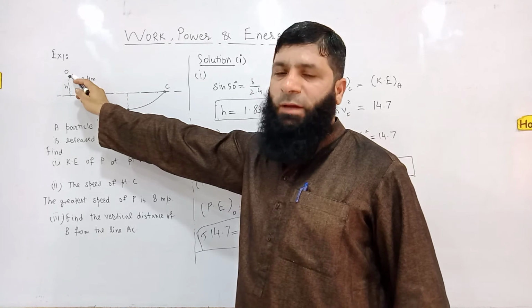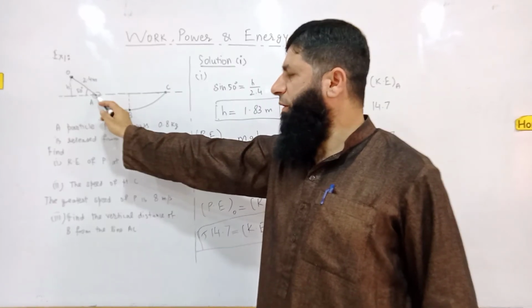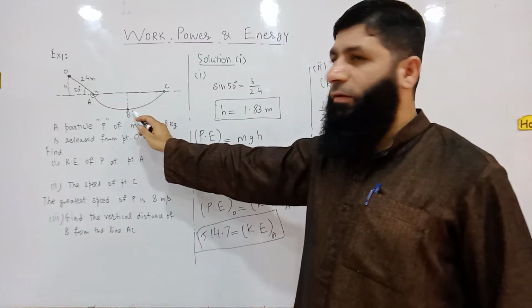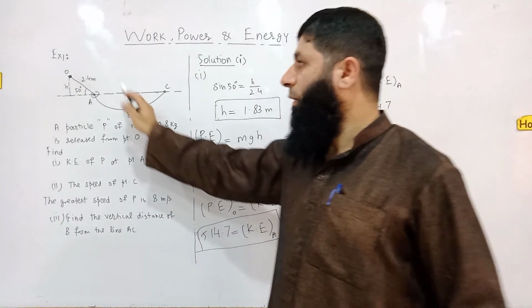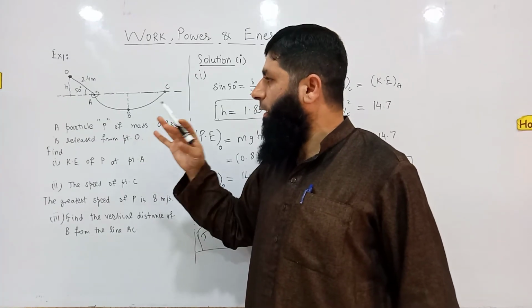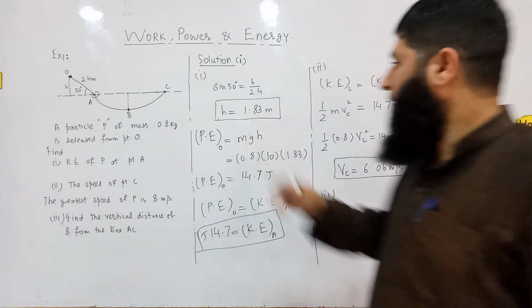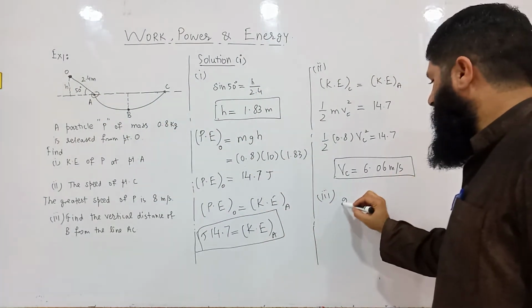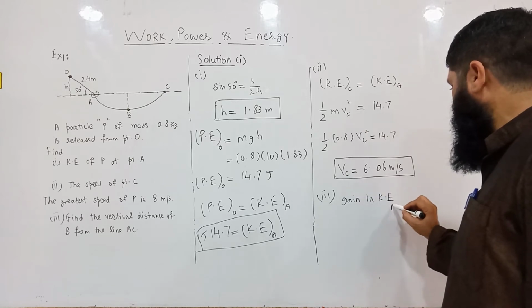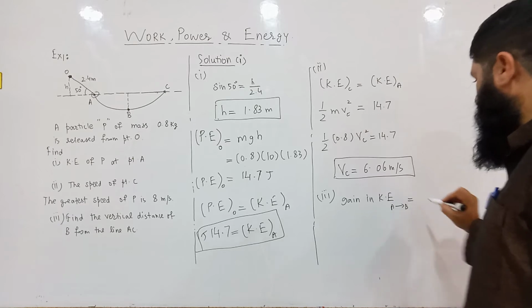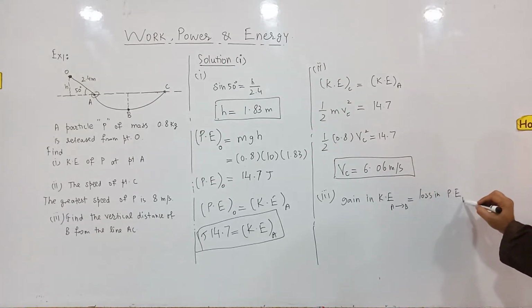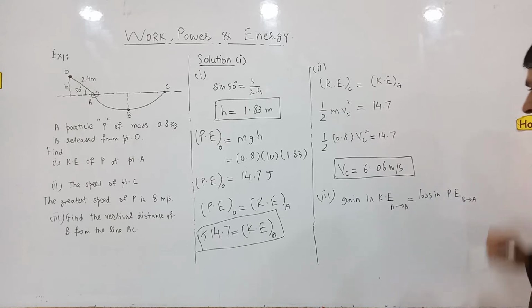At point O, height is maximum, and at point B there will be a difference of height from point O. So for the motion of this particle P from point A to point B, the gain in kinetic energy from A to B will be equal to the loss in potential energy from A to B.